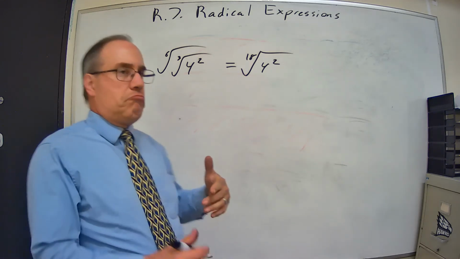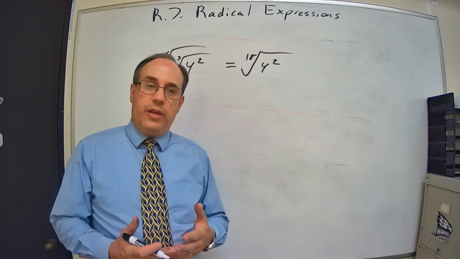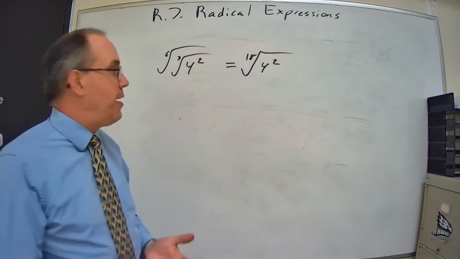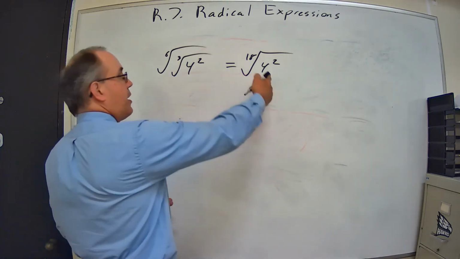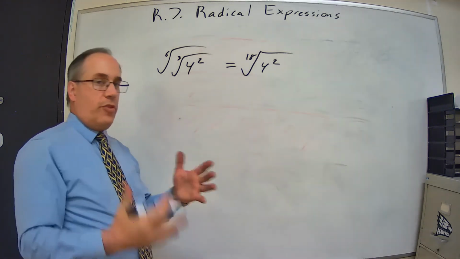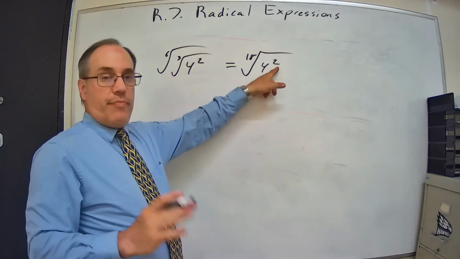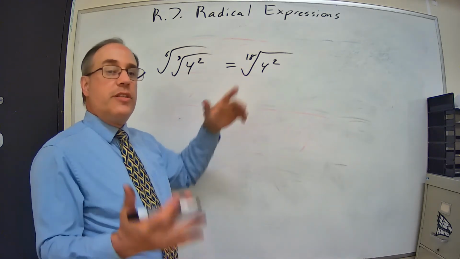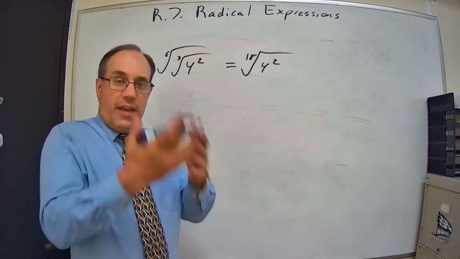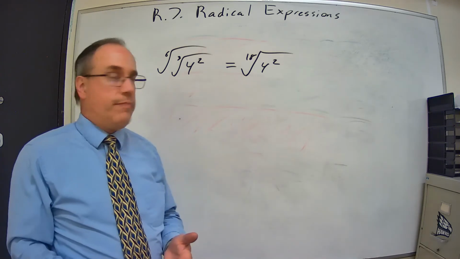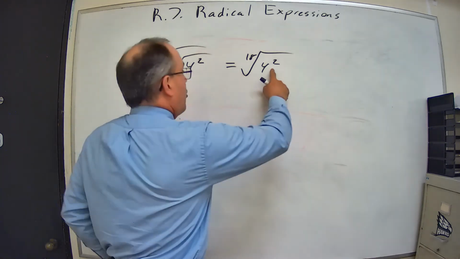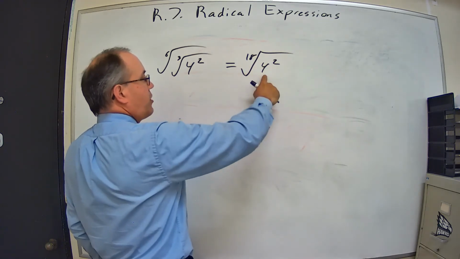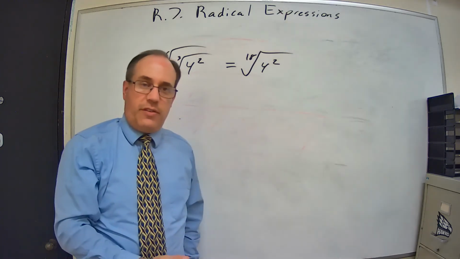Well, I said that you could cancel if you had the same power, right? Because what's really happening? You're dealing with the power as the numerator and the index as the denominator of a rational exponent. So knowing that, this is really 4 to the 2/18.